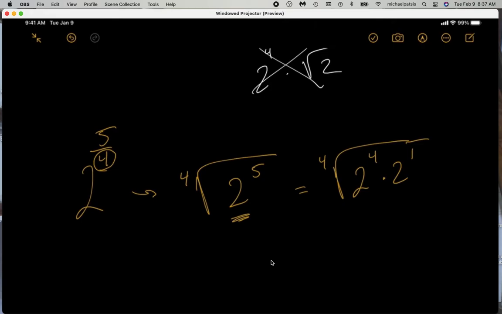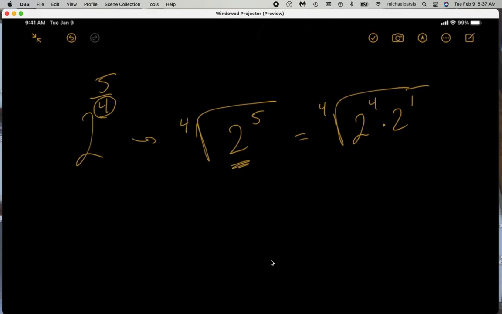We could change that to 4th root of 2 times 4th root of 2 to the 1st. Okay, remember, when you have the same root and you're multiplying, you keep the root the same and multiply what's in the radicals.